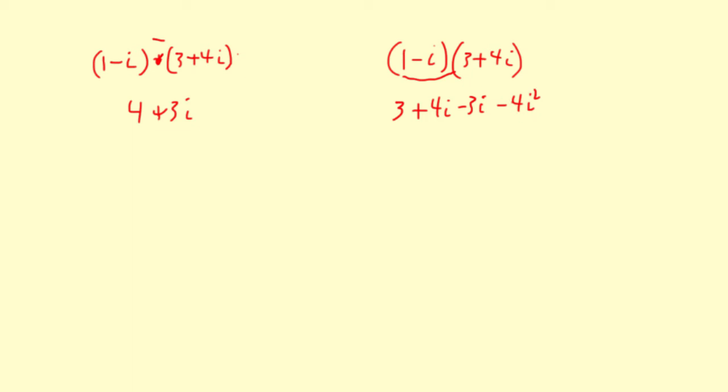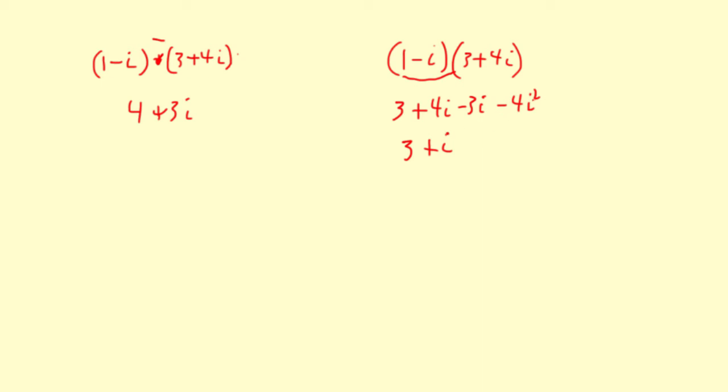So it's almost like you're treating the i like a variable. It's really not, because it's indicating an imaginary number, but it behaves the same as a variable when you're doing algebra. So simplify: 3, and then plus 4i minus 3i is plus i, just one i there.